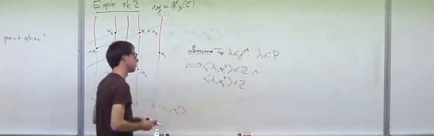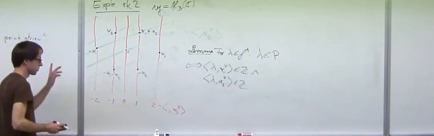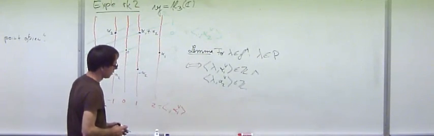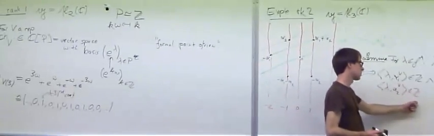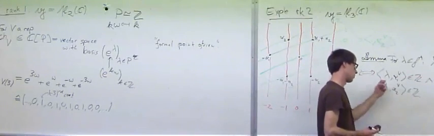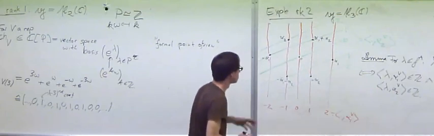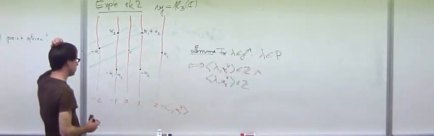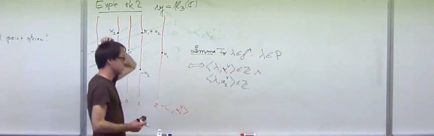This generalizes to other examples also. Now I wrote it down for SL3. This explains why these weights are called integral weights, because these pairing numbers are integers. So wherever we have an intersection of these red and green lines, there is an element of the weight lattice P.